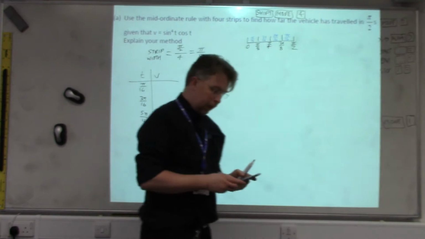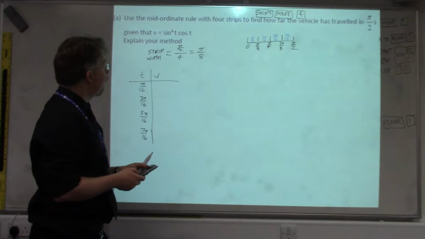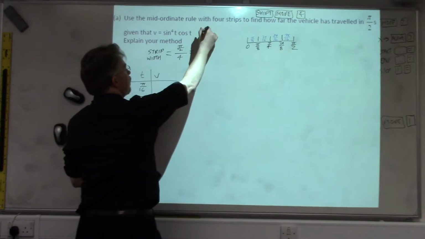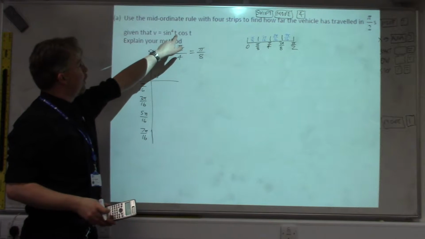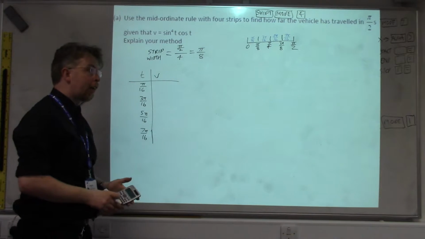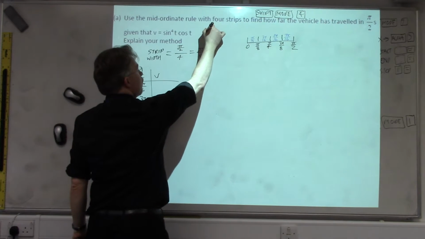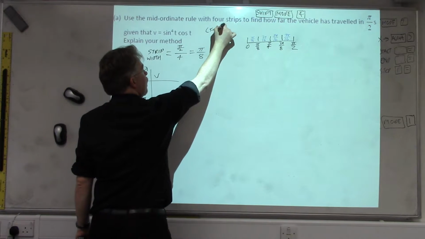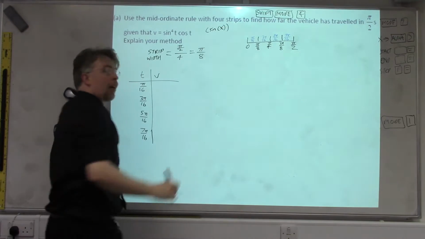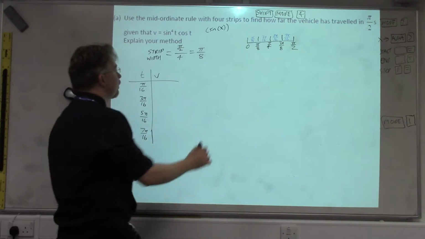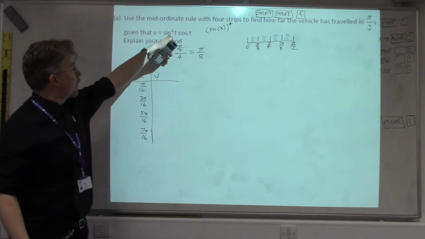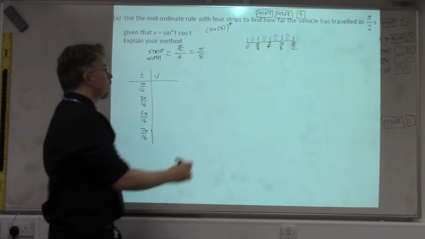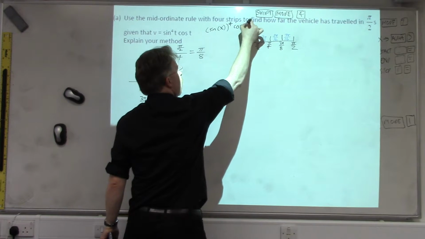So mode 7, f of x equals, and we need everything in terms of x. Sine to the 4 is a shorthand, so on the calculator we need to do it properly: sine of x, to the power of 4. That corresponds to the sine to the 4t, and then cos t becomes cos x.